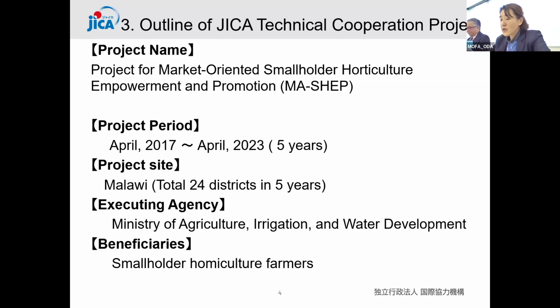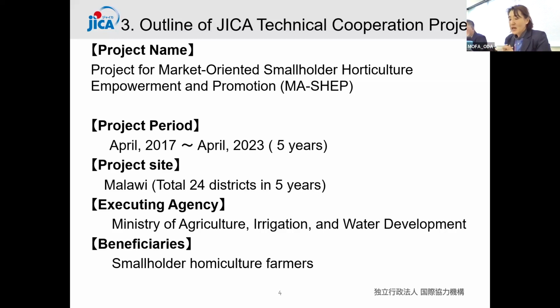And the beneficiaries in the field are smallholder horticulture farmers. The SHEP approach, smallholder horticulture empowerment promotion, in one word is a concept of agricultural development from grow and sell to grow for sell.